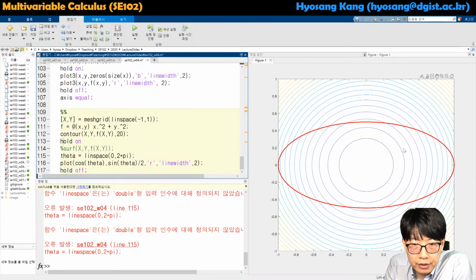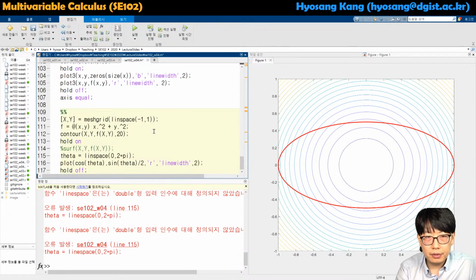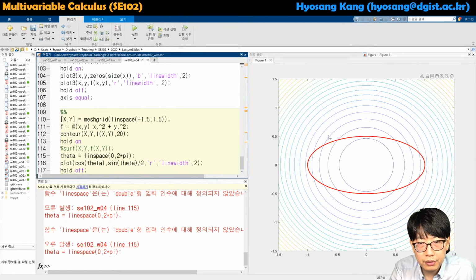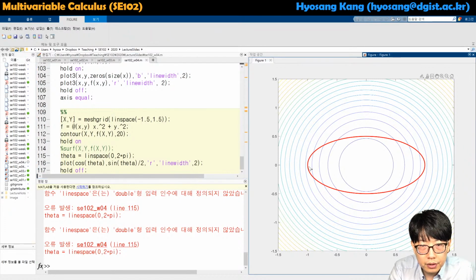So these concentric circles are the contour lines of the graph of the function. Let's make it bigger, 0.5 to 0.5. So here's a contour line, and you see there are contour lines that could touch this ellipse at this point here and here.